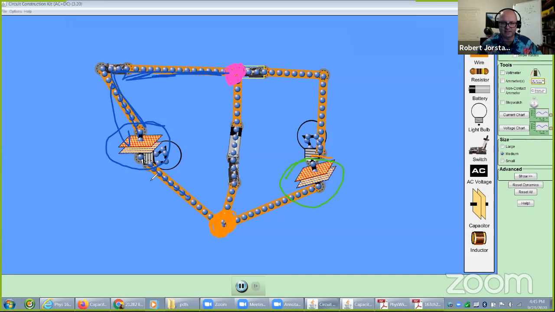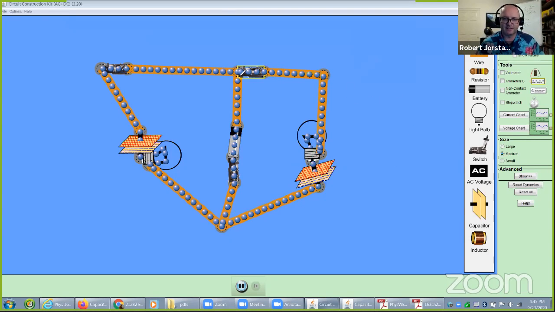And the other side is connected to the orange. Well, for the green one, we can see that one side is connected to the pink and the other side is connected to the orange, because both capacitors are connected to the same two nodes, parallel. That's another way to see it.